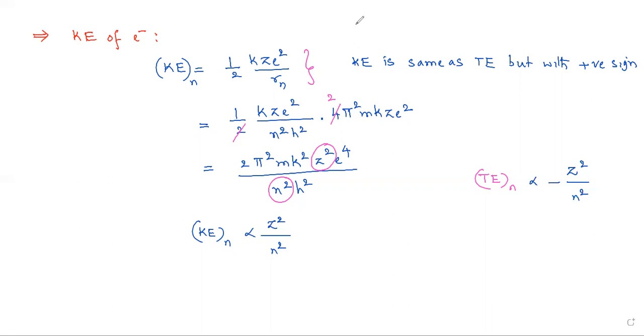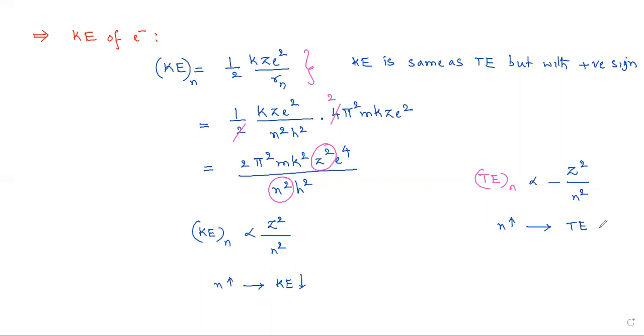Let me tell you the difference. In this case, as the n value increases, kinetic energy decreases, right? But here, as the n value increases, no doubt the total energy decreases, but that decrease will be with minus sign.